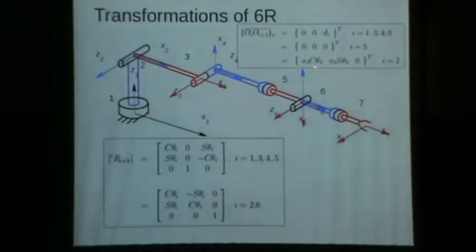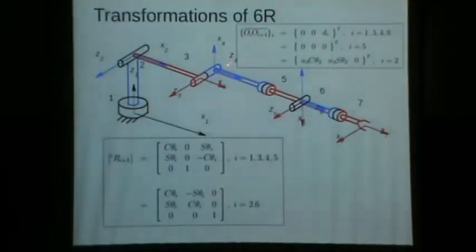But when you apply this to our manipulator, which we saw earlier, everything turns out to be very simple. The offset of the origin of the reference frames are simply 0, 0, d i or 0, 0, 0, or just for one joint, which is the second joint, it is this quantity. Otherwise, this turns out to be very simple. So all of the calculations are going to be fairly simple.